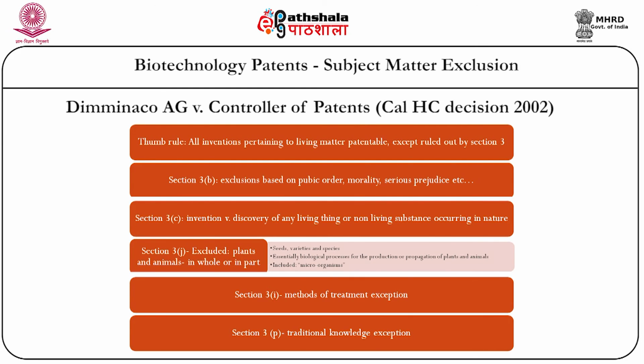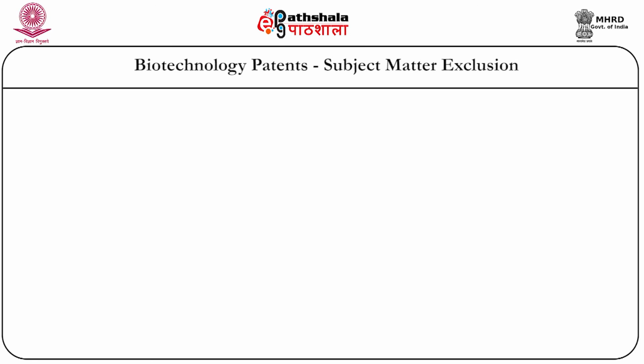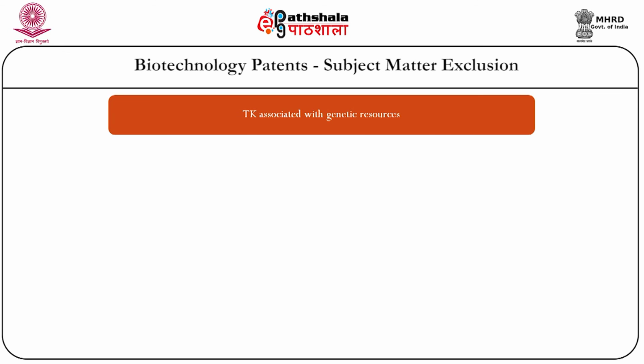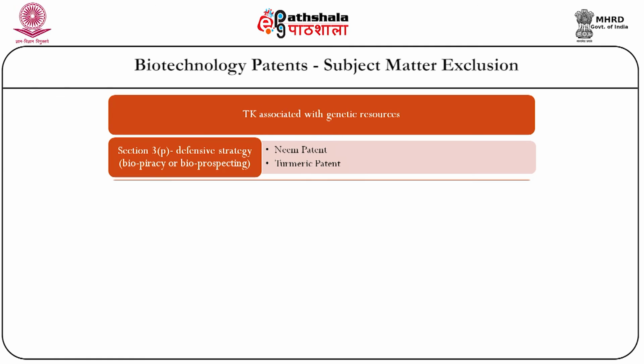One of the important things that need to be understood in the context of TK associated with genetic resources is, because of our experience in neem and turmeric patents, we thought it would be a defensive strategy to prevent biopiracy, or call it bioprospecting, by having section 3P.